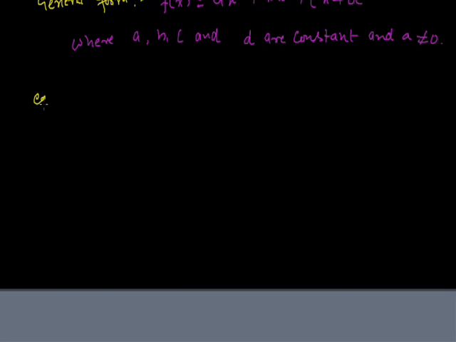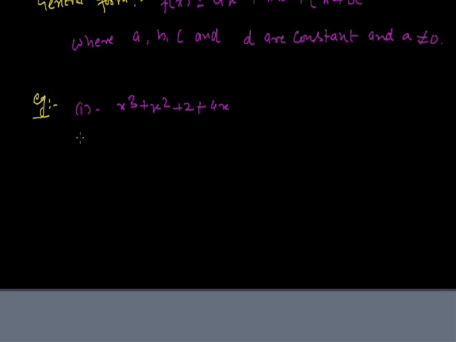We take some examples for cubic polynomials. Here we see that in the given example x cube plus x square plus 2 plus 4x, in the first term the highest degree of x is 3. So this is a cubic polynomial.